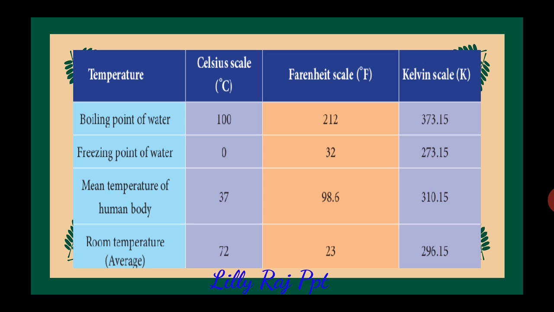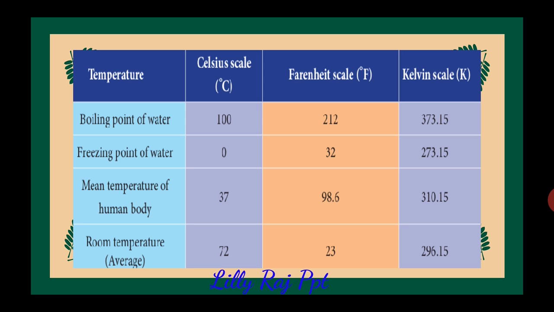This is a very important one because in Celsius 0 degree is equal to 32 degree Fahrenheit and 0 degree Celsius is equal to 273.15 degree Kelvin. The mean temperature of the human body, 37 degree Celsius, is equal to 98.6 degree Fahrenheit, and at the same time 310.15 Kelvin.